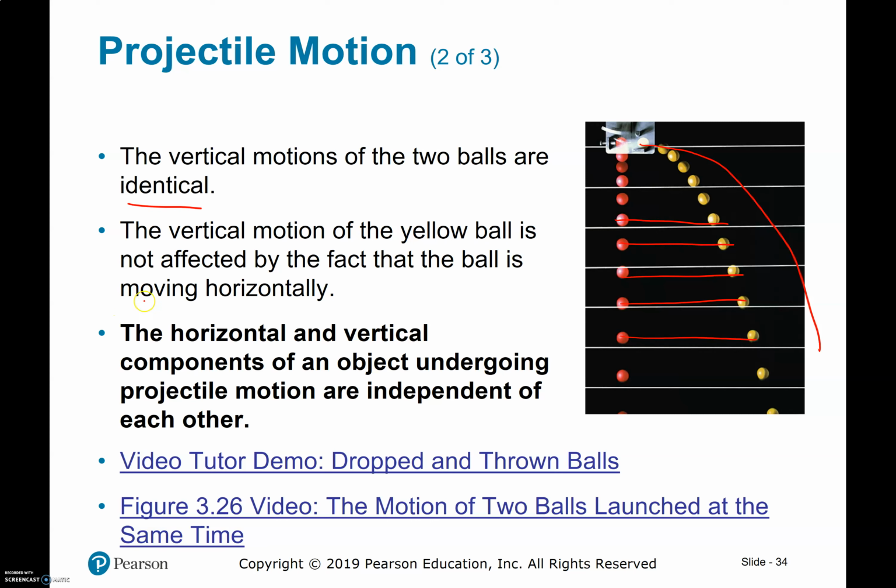So the vertical motion is not affected by the horizontal motion. There are two motions here, this vertical motion and this horizontal motion, and this seems to be independent of how you throw the rock or the ball. One way to say this is that the horizontal and vertical components are independent. They don't affect each other.